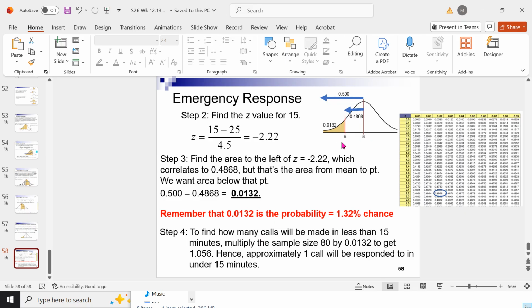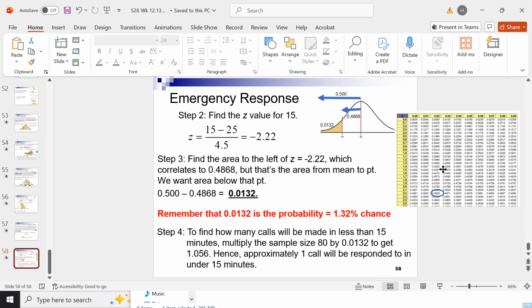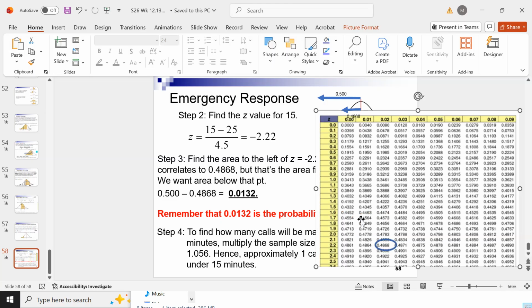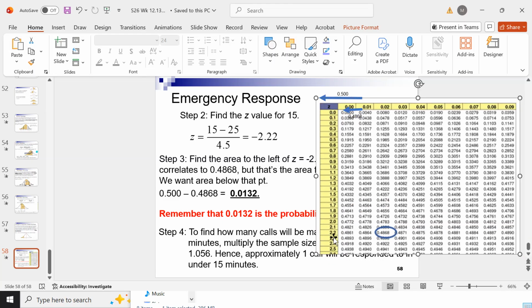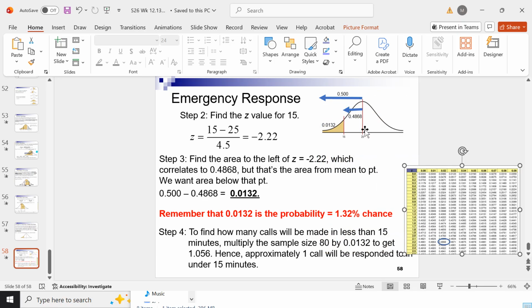All right, so in this case, 2.22. Let's see what the probability is here. 2.22 gives us a value of 0.4868. So that is from the zero line to that Z score, 0.4868.